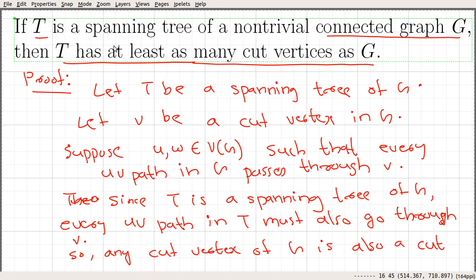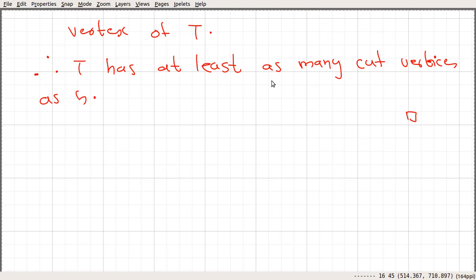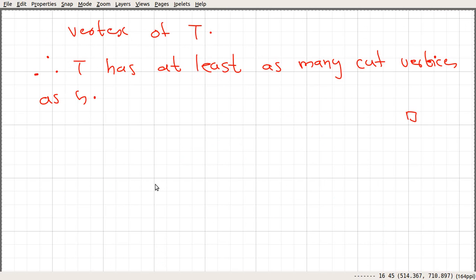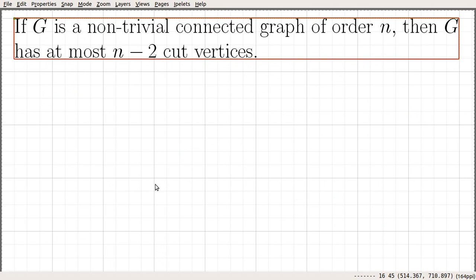This statement says if T is a spanning tree of a connected graph G, then T has at least as many cut vertices as G. Here the argument is somewhat simple anyway. So let's go and prove the statement that we are looking for.